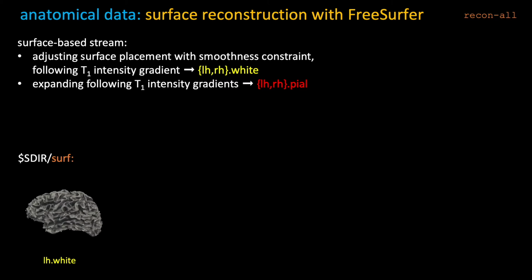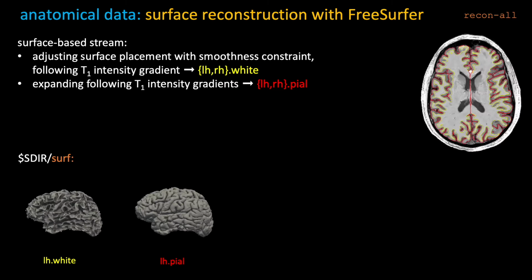And in the next step, this surface is expanded, again following T1 intensity gradients until we get to the PL surface. So these are the two main surfaces outlining the cortical ribbon. You can see them here overlaid on the volume.